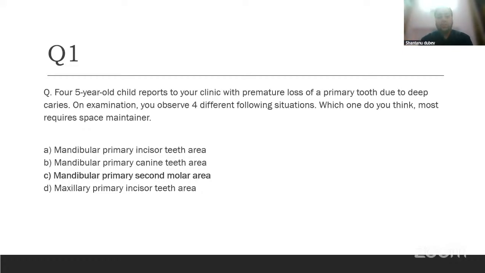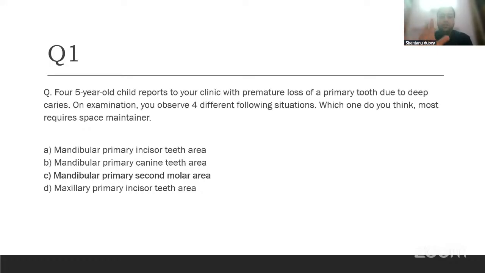Now there are two options: mandibular primary canine area and mandibular second molar area. Now imagine a second molar area. The first molar is about to come up. Second molar has already gone.